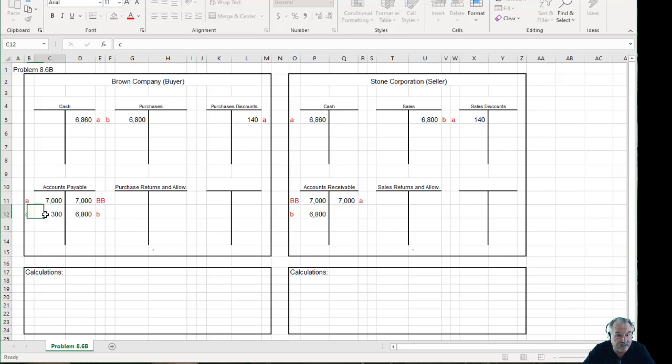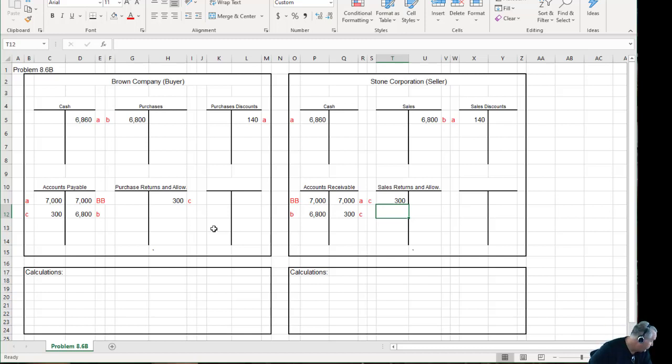This is transaction C. And they're going to record a purchase return of $300. Over on Stone Corporation's books, we have a debit to sales returns for $300 and a credit to accounts receivable for $300. So they're reducing the receivable. Brown is reducing the payable.